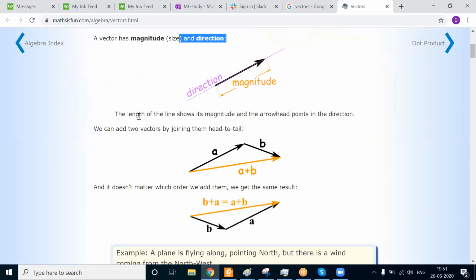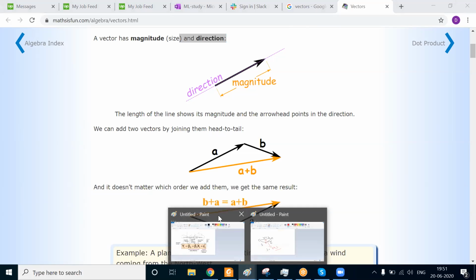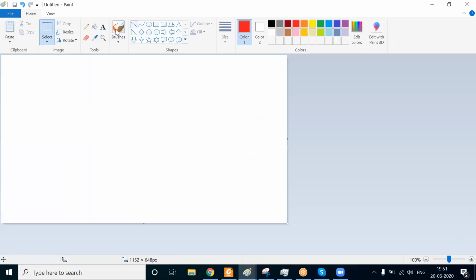The length shows its magnitude, how bigger or smaller it is. If the length of the vector is bigger, it has higher magnitude, and if the length is smaller, it has lower magnitude.